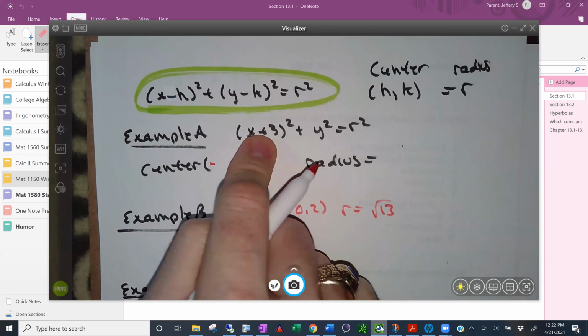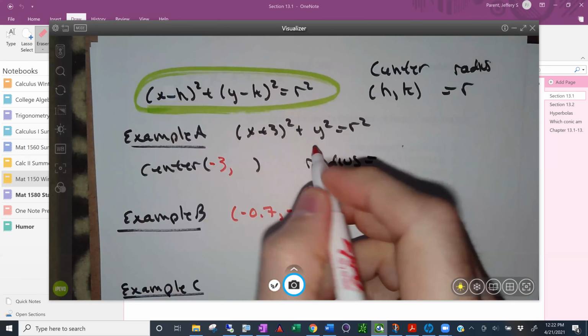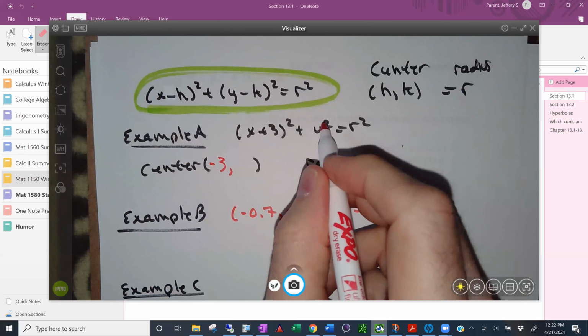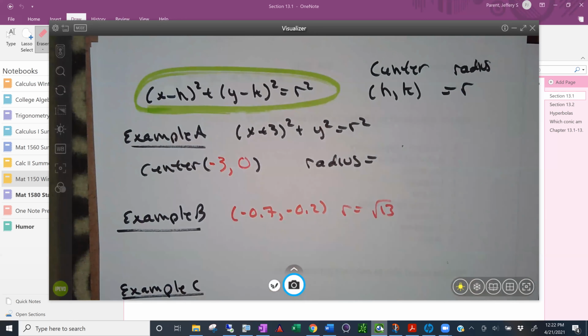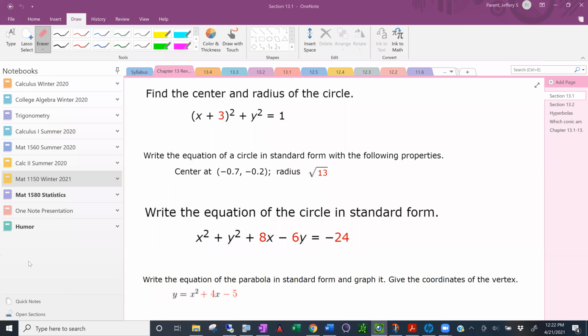-3. And what value makes the squared term 0 there? Well, just 0, right? So there we go. And then, you know what? I copied down an r squared. There's got to be something other than an r squared there. So let me look back at the original problem. There we go. That should have been a 1 on the right-hand side, not even a 1 squared, just a 1.